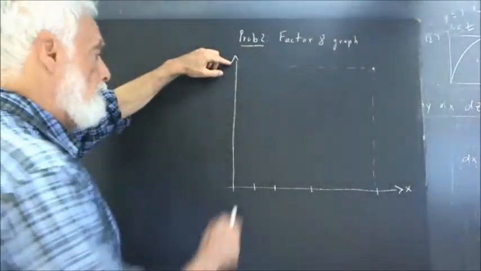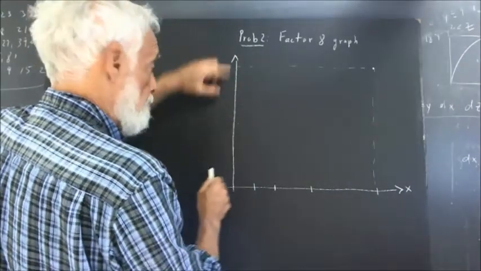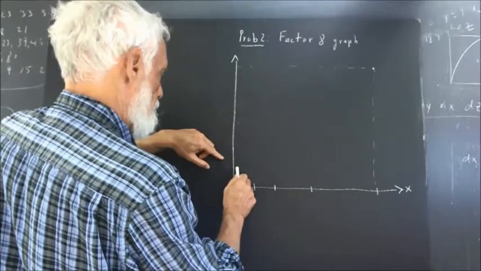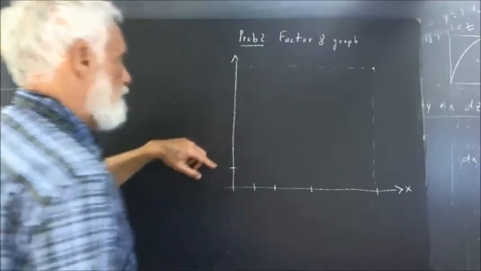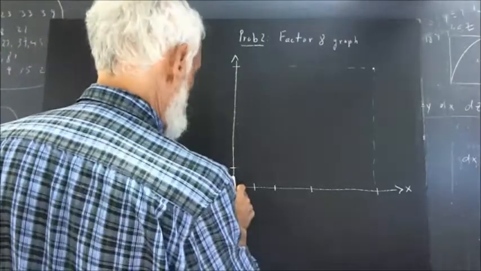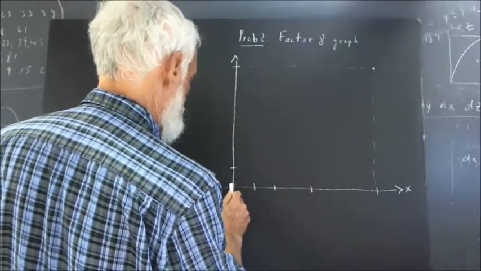Now, factor 8, well, we could go down here and make a little note. There's factor 2, and half of that would be a factor 4, and half of that would be a factor 8. So our second x value would be all the way down here. And our next one would be 8 times as close to the origin. So that would be all the way down here.